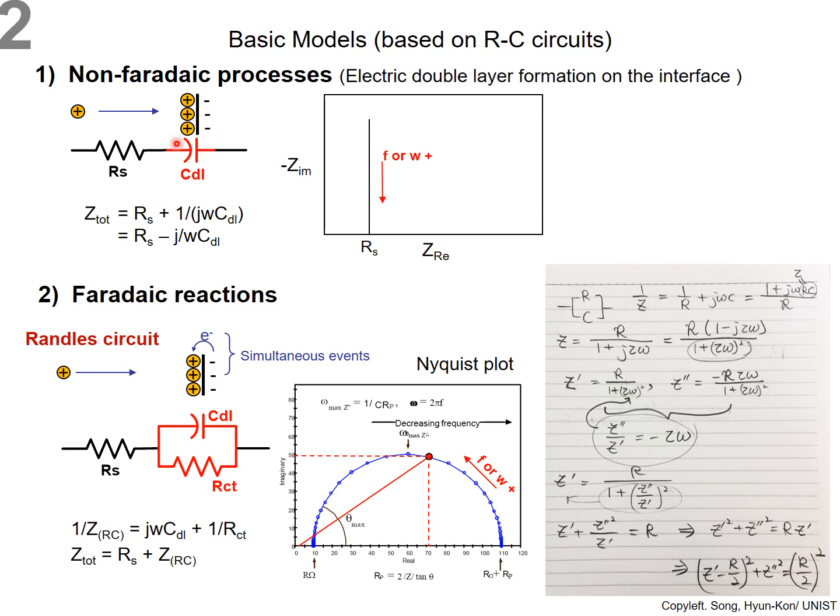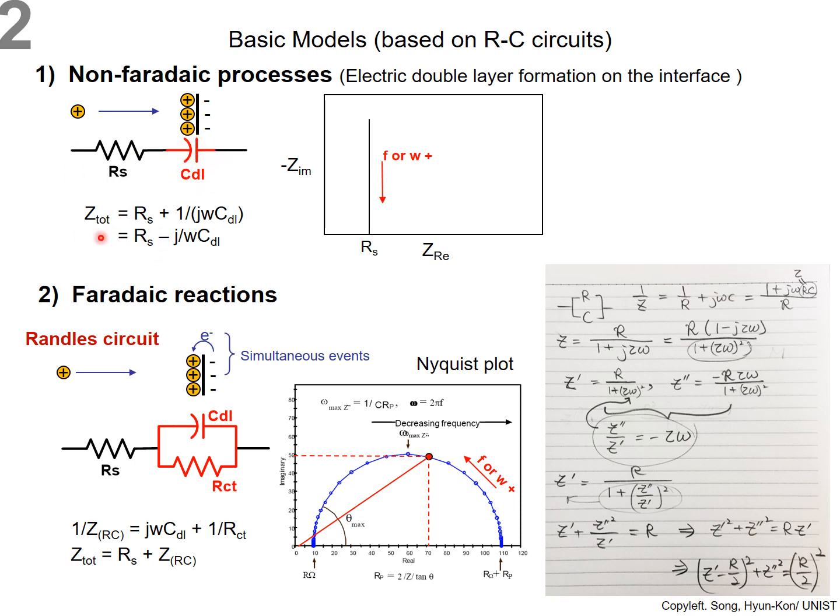So this phenomenon can be described by capacitance, the so-called double layer capacitance. So these overall non-faradaic processes could be represented by the series circuit of solution resistance plus double layer capacitance.